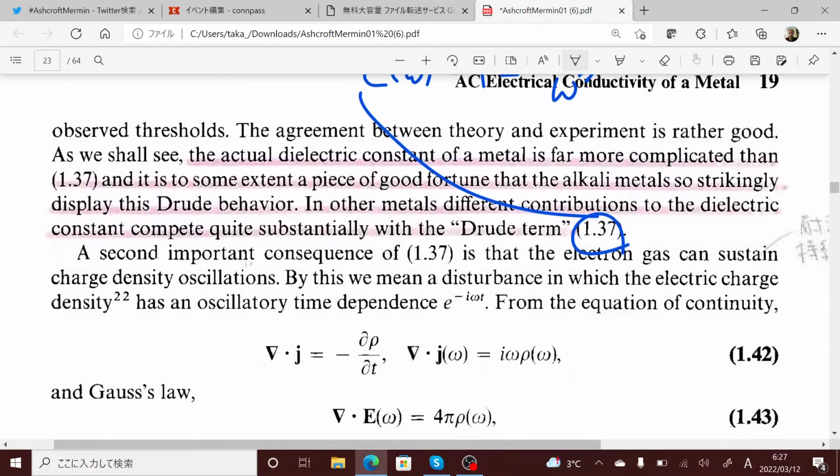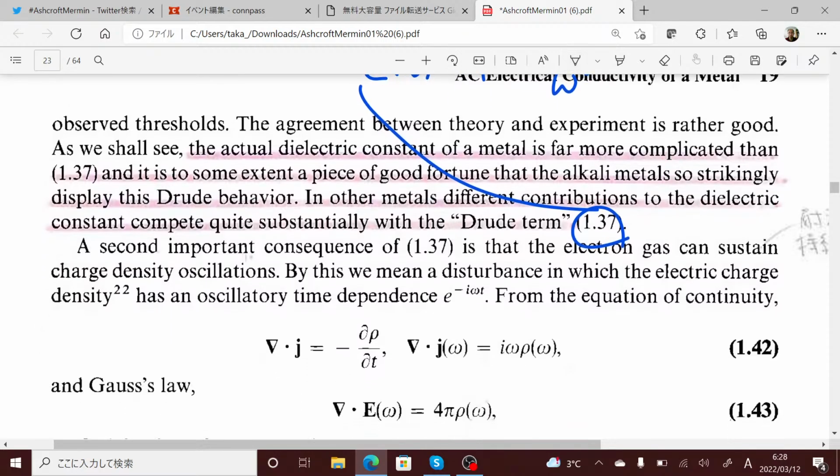A second important consequence of 1.37 is that the electron gas can sustain charge density oscillations.